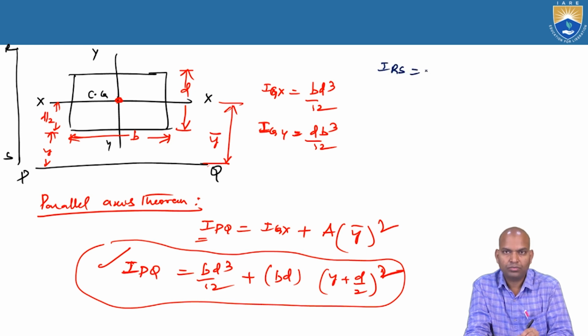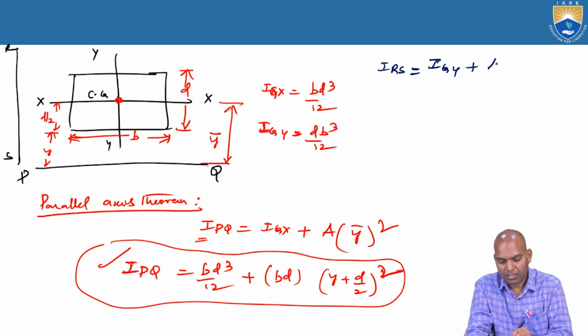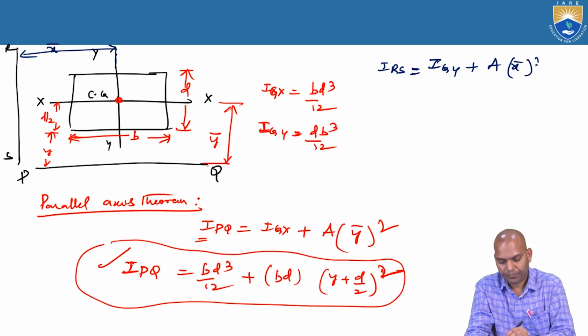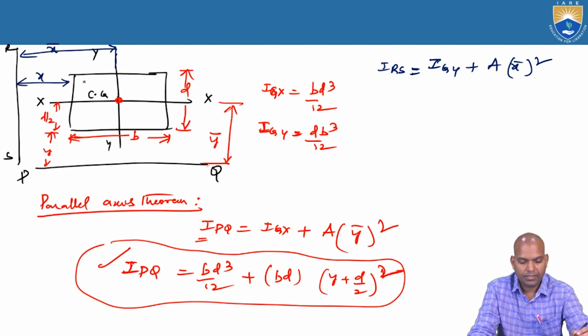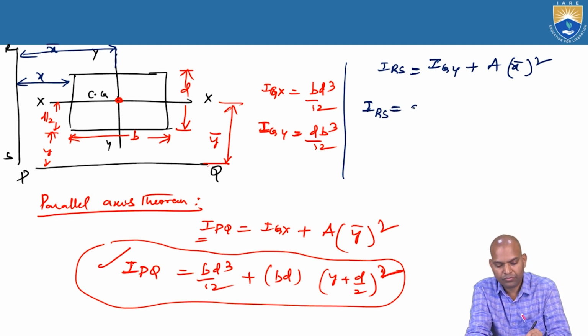IRS equals Igy, because the center of gravity axis is parallel to the y-axis, plus area times the distance from here to here, bar x, whole squared. Here the distance is small x. So IRS equals Igy, and Igy is D B cubed by 12.